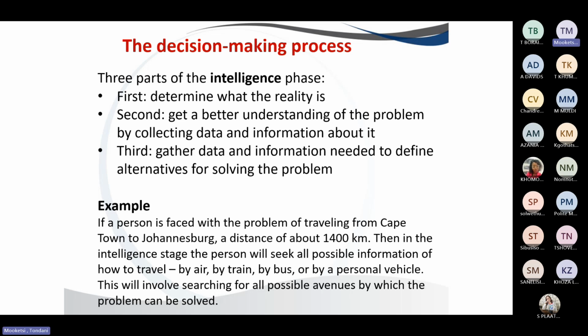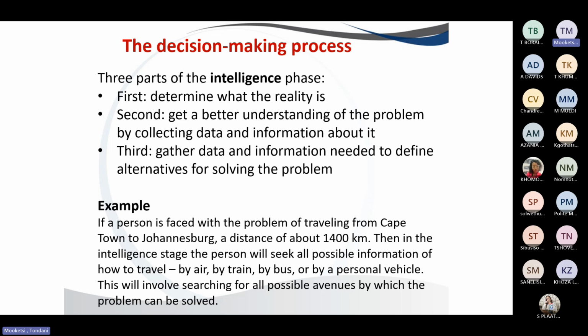So let's look at this example. If a person is faced with a problem of traveling from Cape Town to Johannesburg, that is a distance of about 1,400 kilometers.